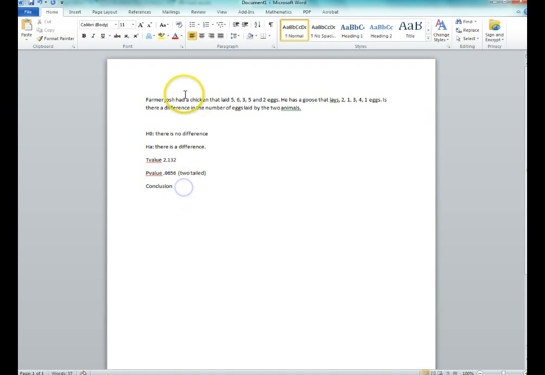So in the two-tailed test, because it's testing a difference, it's above 5% here. This is above 5%, so I would fail to reject the null. I do not have evidence of a significant difference between the goose and the chicken.